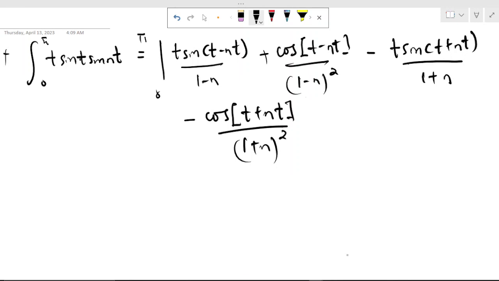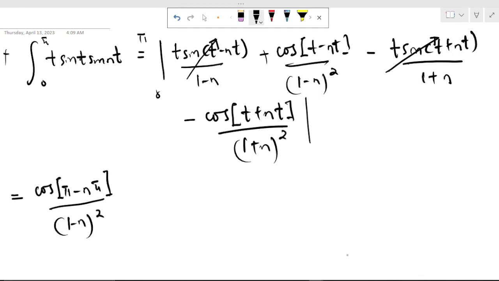So now let's plug in our limits here. To avoid wasting our time, we know that if we plug in 0 or pi, this goes to 0. This also goes to 0. So we are left with this. We are left with cos(pi minus n pi) over (1 minus n) squared.